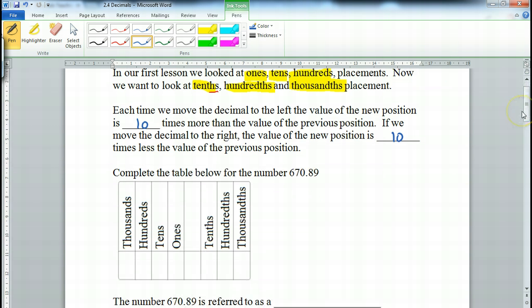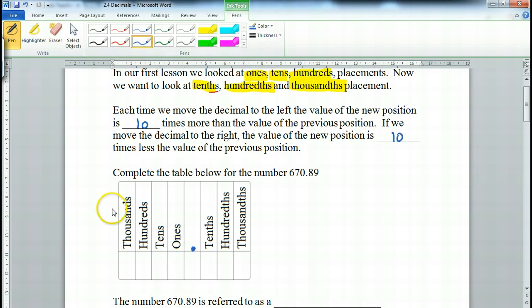Okay, let's look at our number here, 670.89, or 670 and 89 hundredths. The first thing I'm going to do when I fill out my table of place values is put my decimal, and the decimal is going to go right here to the right of the ones place.